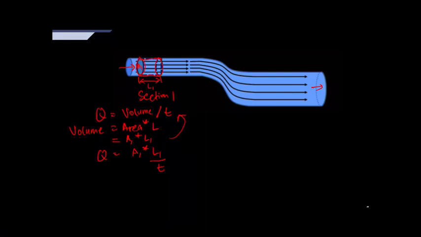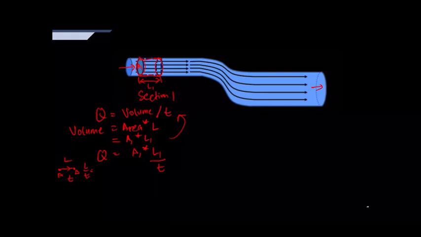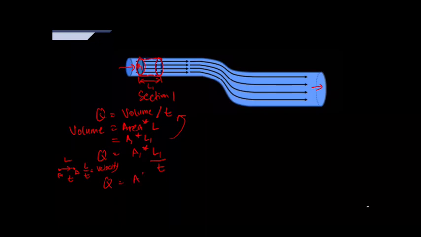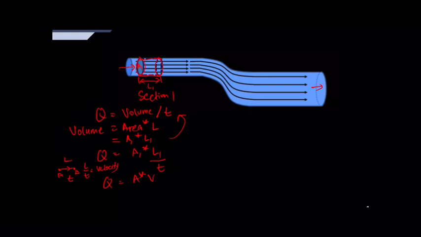And we also know that whenever something moves from point A to point B, they have a length, and you record the time, it becomes what? L over T. It becomes velocity. So again, you go back here and put in velocity, and it becomes area times velocity. In this case it is area 1 times velocity 1.